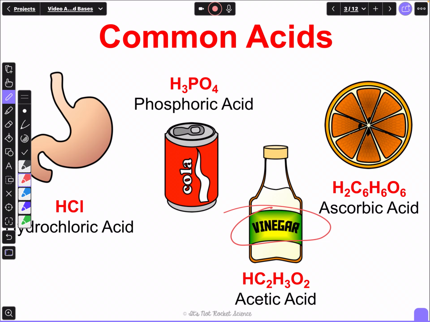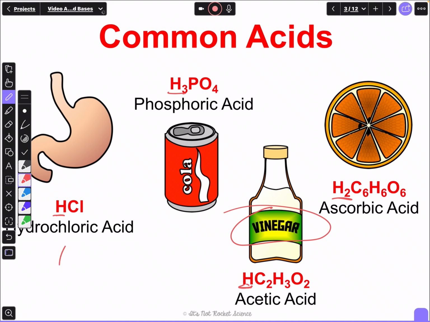If you notice something about all of these compounds, they all begin with hydrogen. One way you can tell if something's an acid, and this isn't the case for every acid because not every one of them starts with hydrogen, but the big majority of them do: if the first element in the compound is hydrogen, more likely it's an acid.